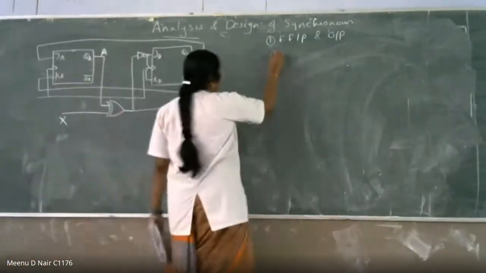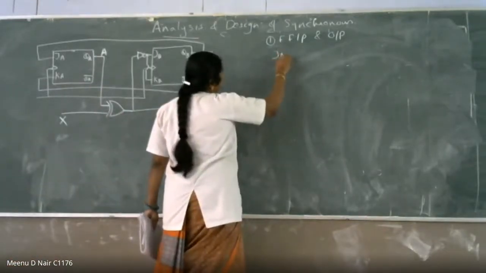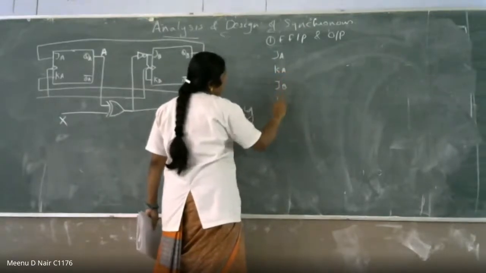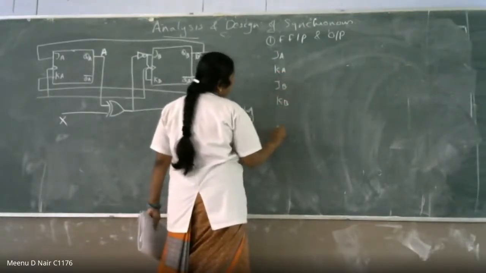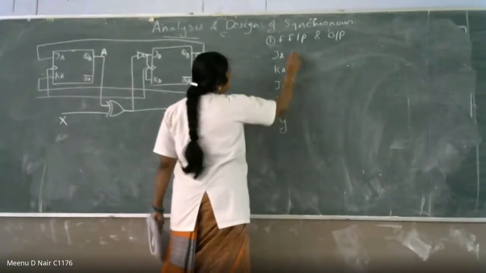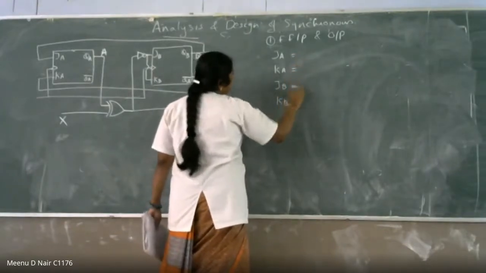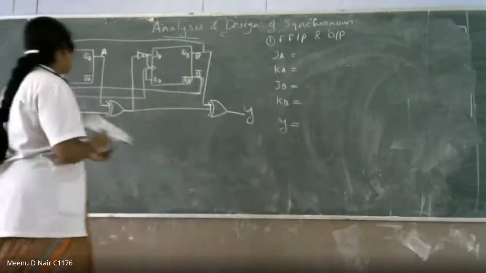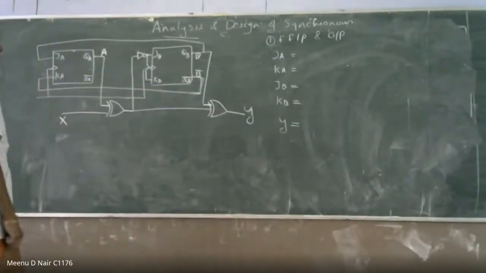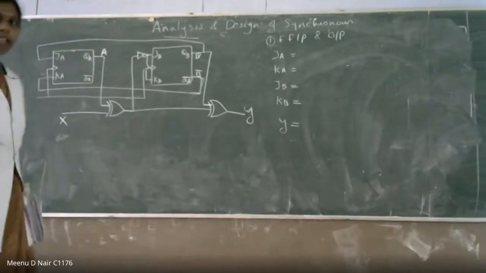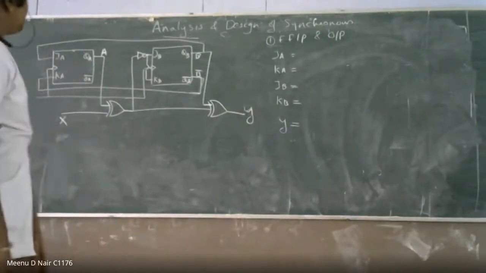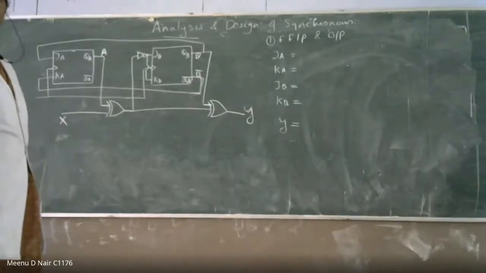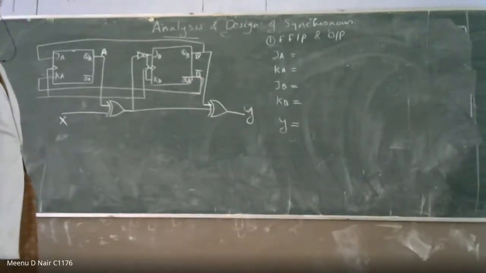So what are the flip-flop inputs? JA, KA, JB, KB, and the output function is Y. So you have to write what are the input functions and output function.